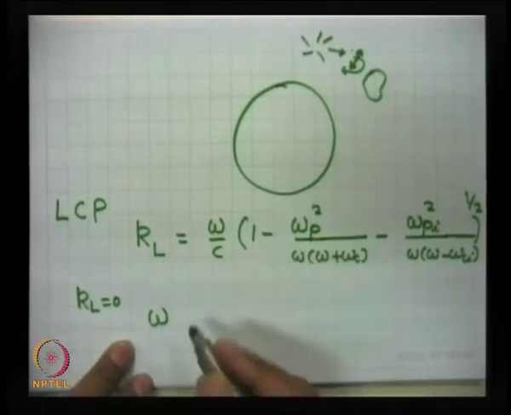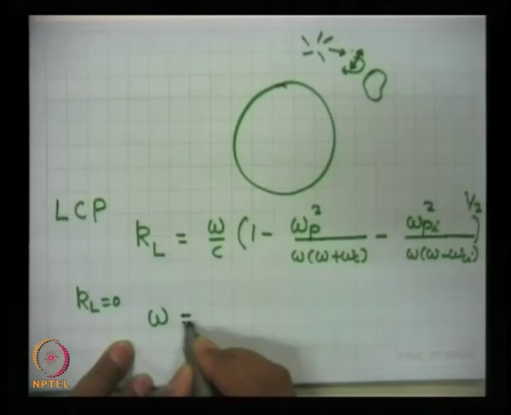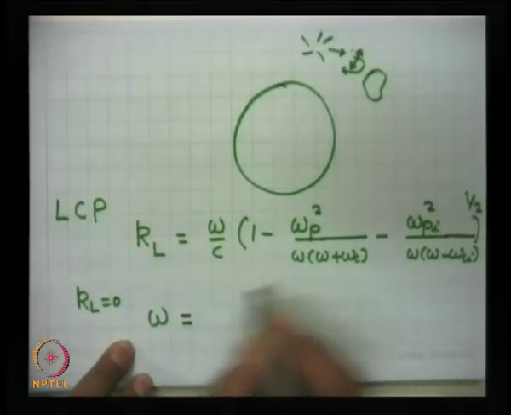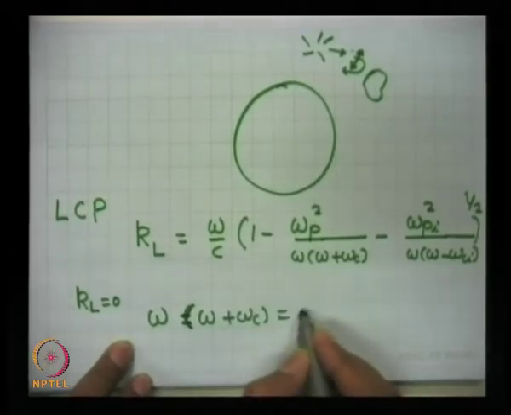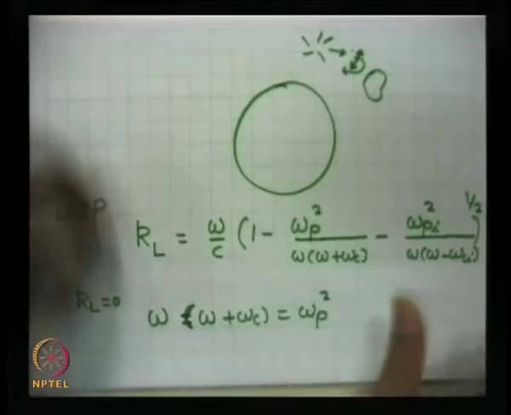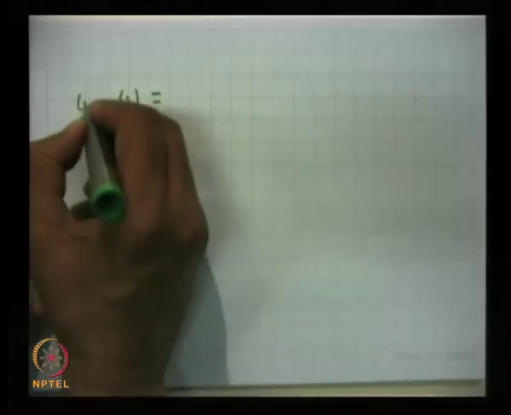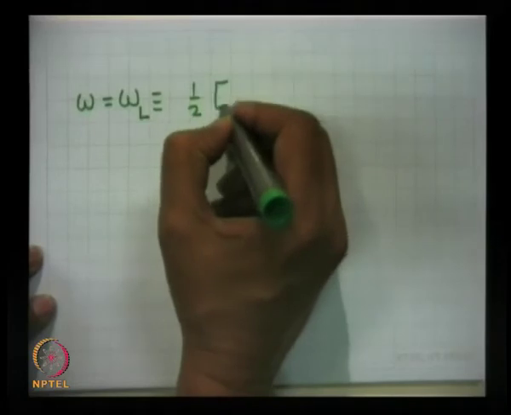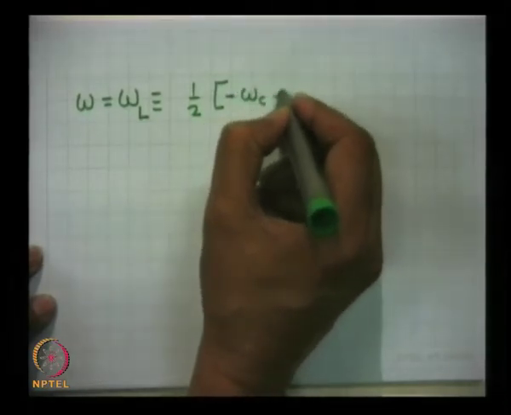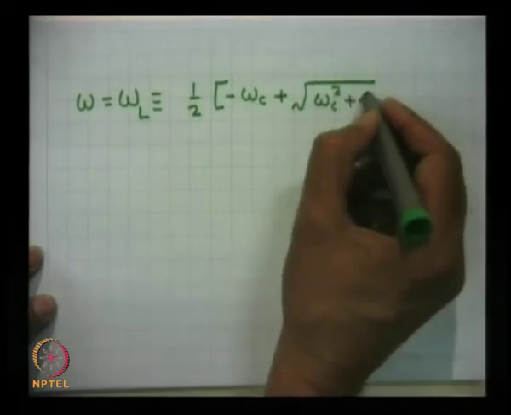The high frequency cutoff is given by omega into omega plus omega c equal to omega p square, and it turns out to be omega equal to omega L, the left handed cutoff, equal to 1 by 2 of minus omega c plus under root of omega c square plus 4 omega p square.